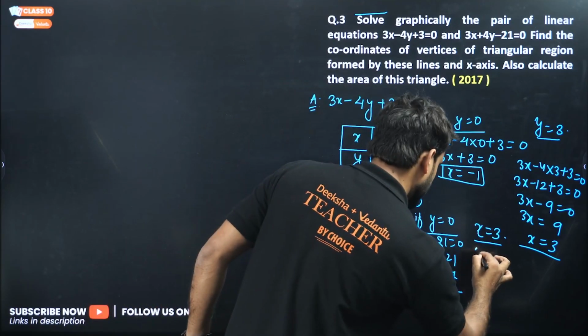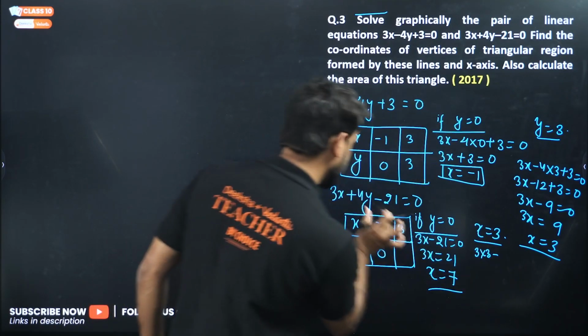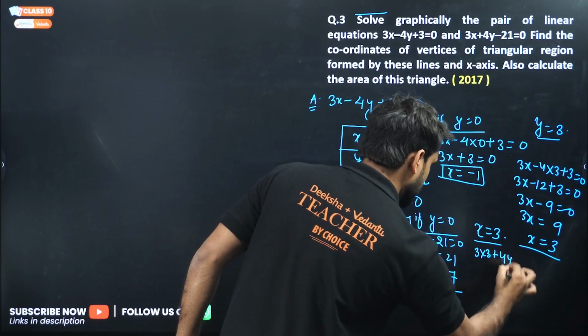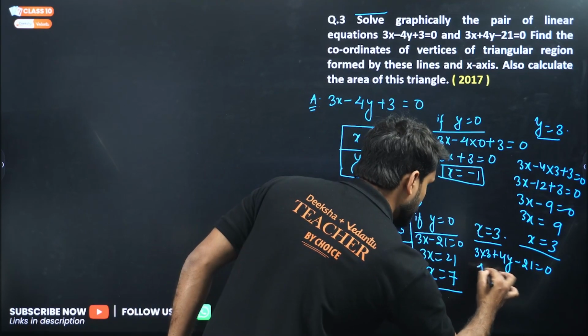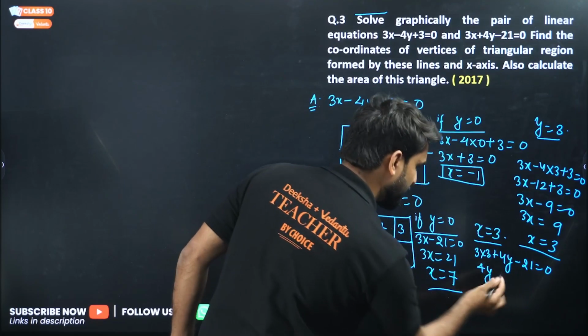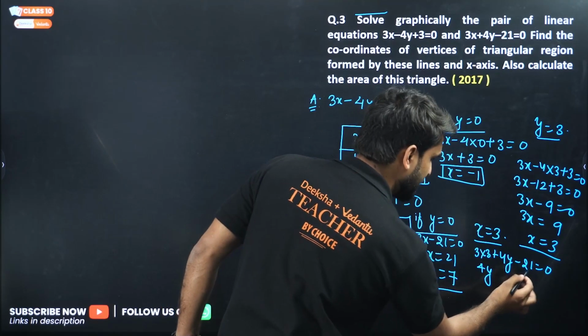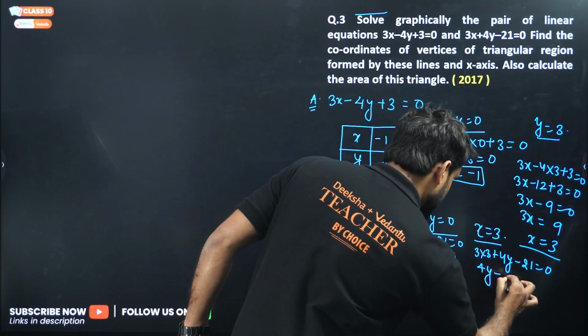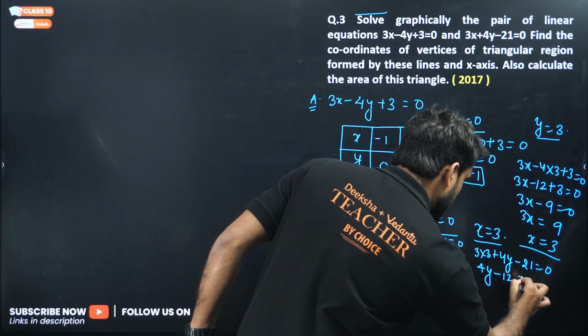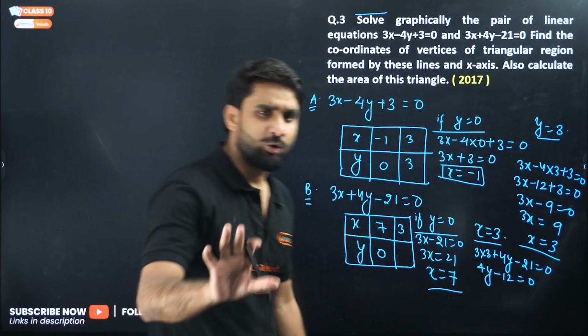So 3 into 3 minus 4 plus 4y minus 21 equals to 0. 3 into 3 will be 9, so 9 and 21, this will be minus 12, so 4y minus 12 equals to 0. Hope you have understood.